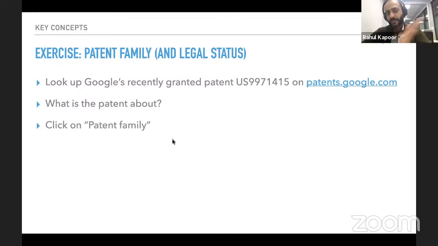I think you cannot click on it, but you can see on the right side all these documents with EP, WO, Korea, US, and so on. These are all the family documents. You can hover on them to see the legal status, whether a patent is active, expired, or granted, and whatever information Google has regarding these family members. So this is a patent family.